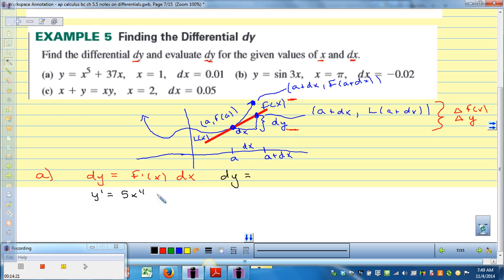5x to the fourth plus 37. And we are interested at x equals 1, so y prime of 1 would be 5 times 1 to the fourth plus 37, giving me 42. So the f prime of x will be 42. And what is the dx? 0.01.